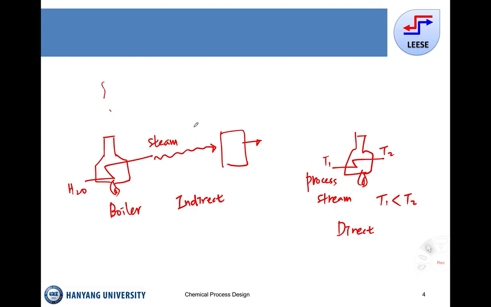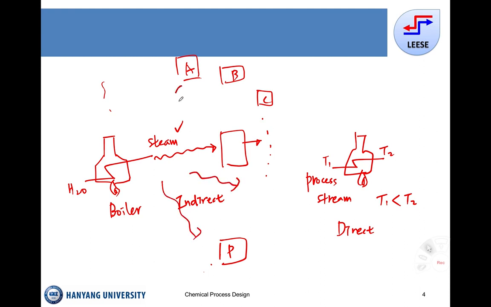The reason to use steam is sometimes the place where heating is required is far away from the source of the energy. Also there are many different places, okay? A, B, C, and P. So then we need to provide steam in different places.